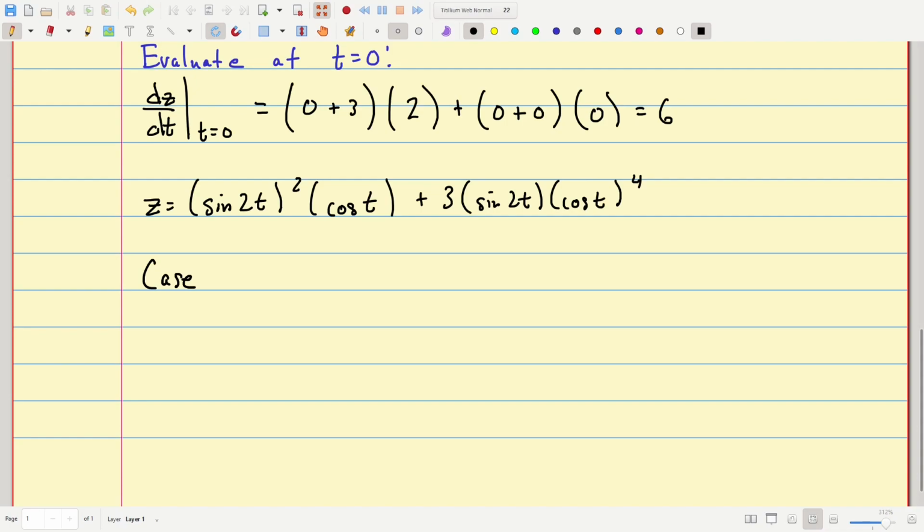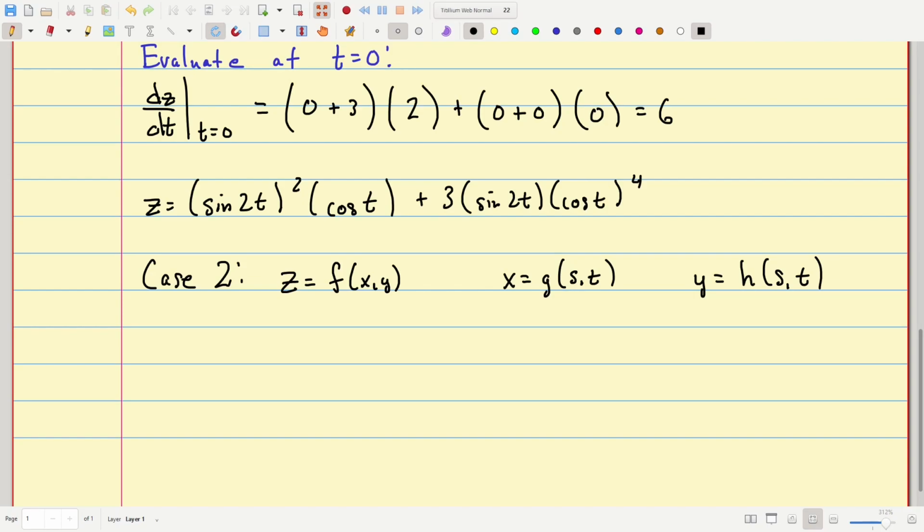All right. Let's look at now case 2. For case 2, we have the situation that I proposed earlier, where our functions x and y are intermediate variables, and the true independent variables are the parameters s and t.